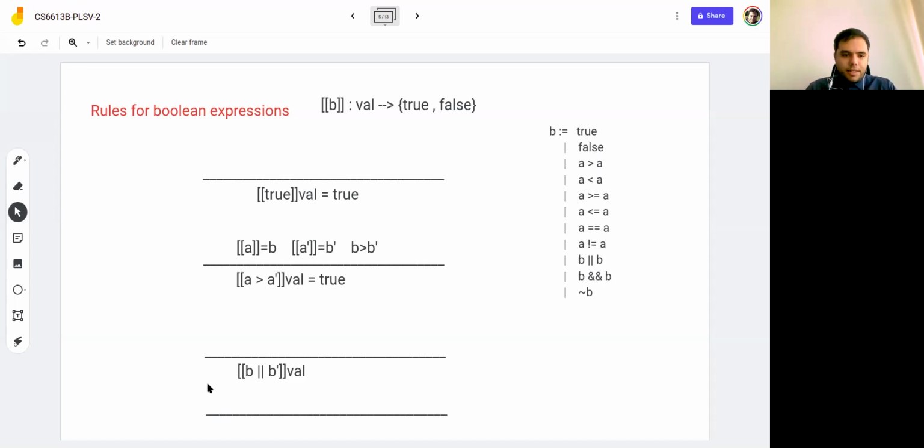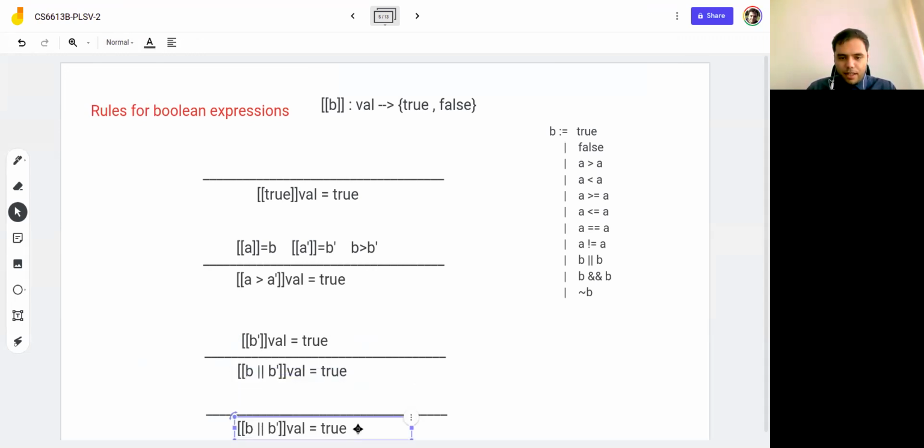So let's start with the simplest case. What happens if B itself evaluates to true? So if B evaluates to true, then of course B or B prime should also evaluate to true. And the same thing goes also with B prime. So if B prime evaluates to true, then B or B prime evaluates to true. But we also need just one more case, and that's the case where they're both false.